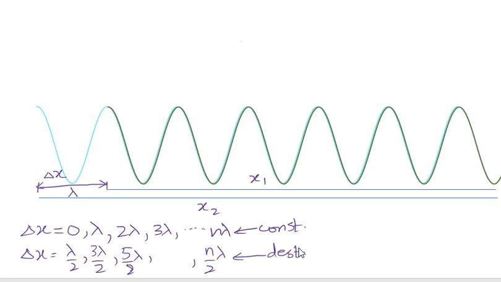So I will write it: when the two original waves are in phase, that is what we just derived.